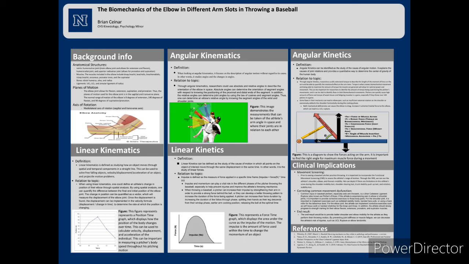The absolute angles could determine the orientation of the segment angles with respect to knowing the position of the proximal and distal ends of the segment, and the relative angles could be used to determine the joint angles. We can use this to determine the elbow's relative angle by knowing the segment angles of the other joints in space.